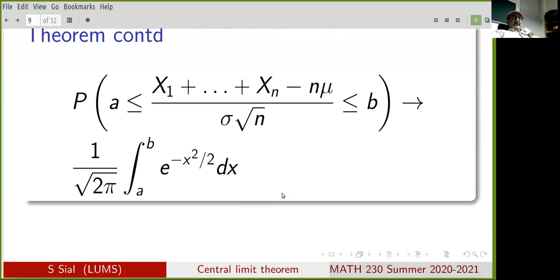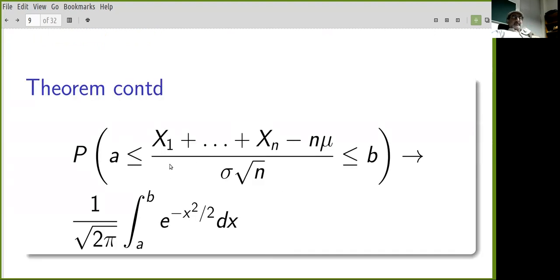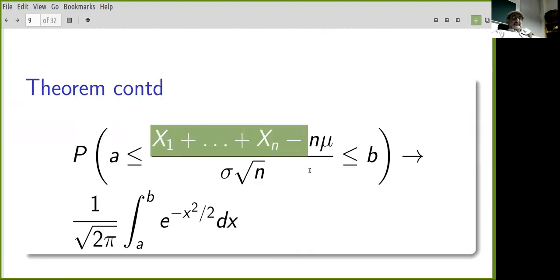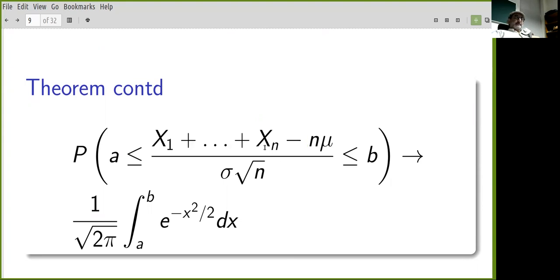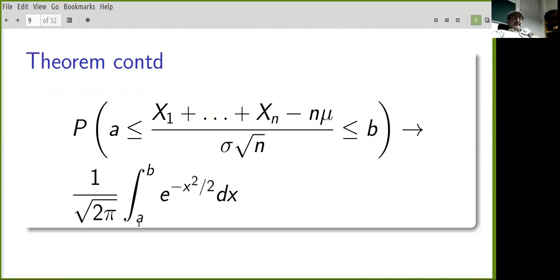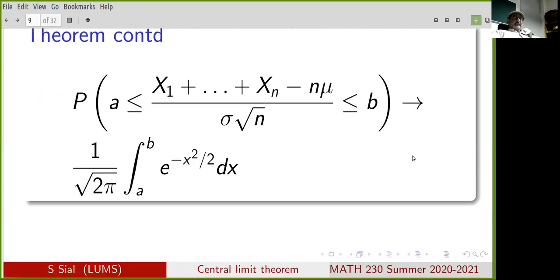Or another way of looking at it is that the probability that the value of this standardized variable lies between a and b tends to the integral from a to b for the standard normal, the probability that the standard normal lies between a and b.